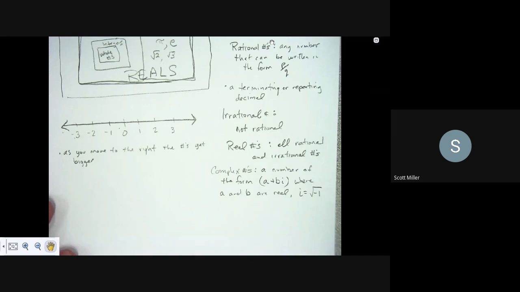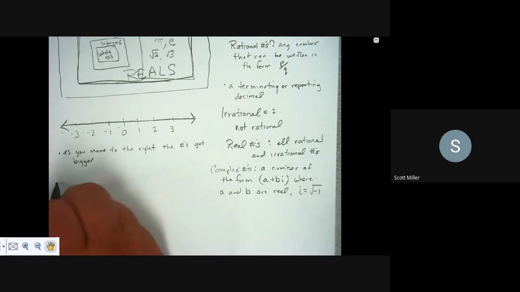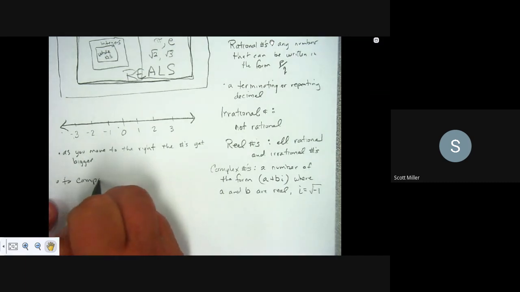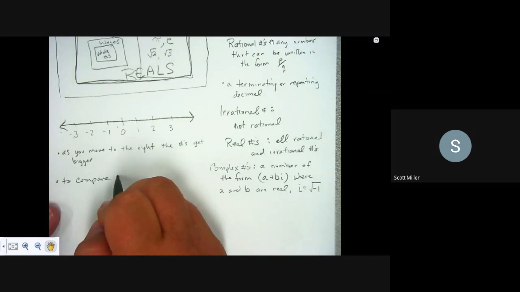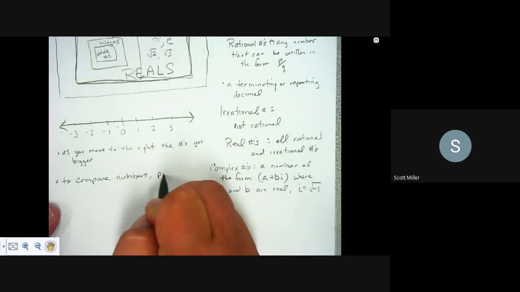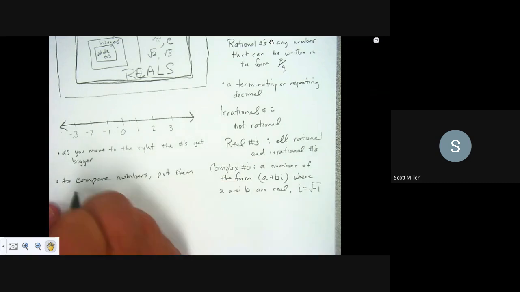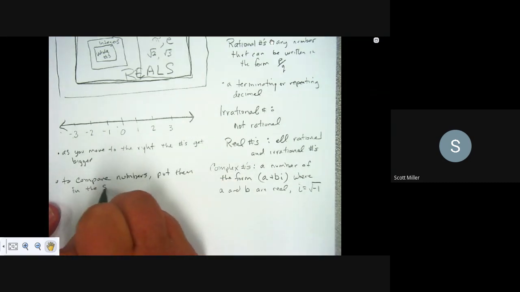All right. How can I compare numbers? How do I know when one number is bigger than another one? We'll talk about this a bit too. To compare numbers, put them in the same form.